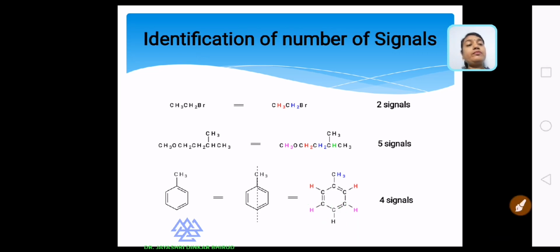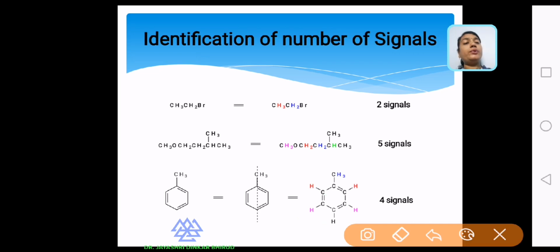So, the total signals in toluene: one for the CH3 group, another for both of these hydrogens on both sides, third one signal for this hydrogen, and fourth one signal for this remaining hydrogen. So, the total number of signals in toluene is 4.